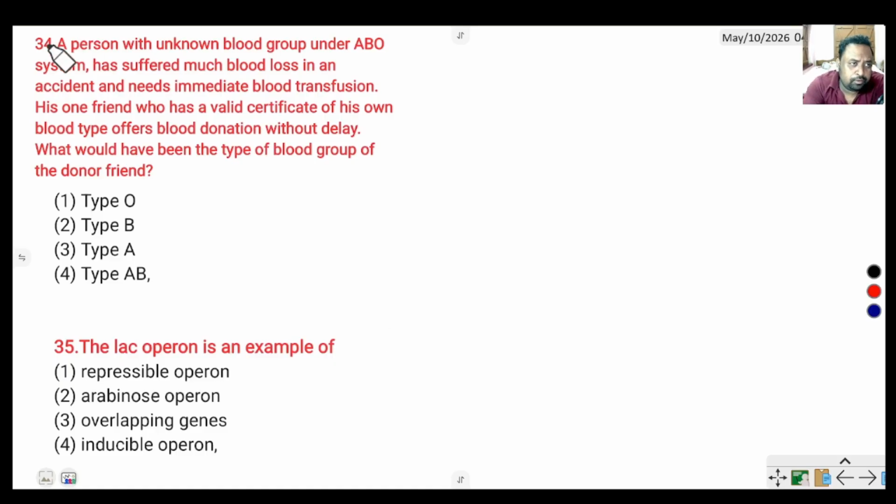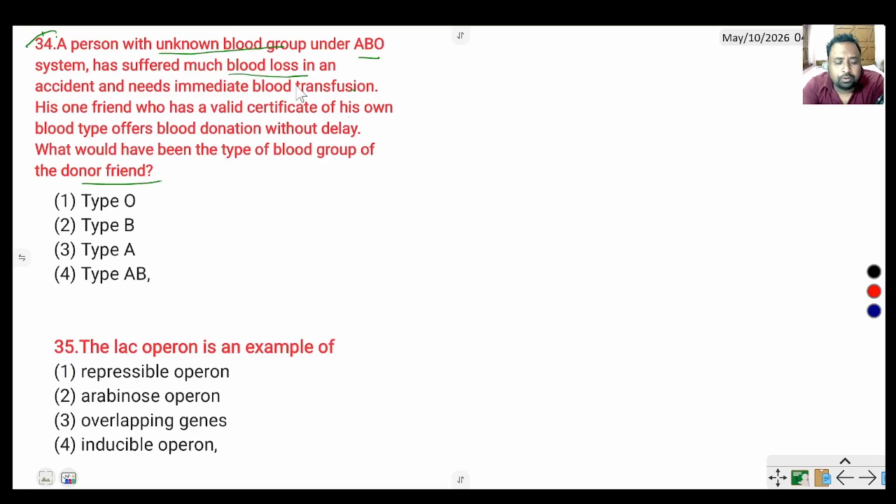Question number 34 says a person with unknown blood group under the ABO system has suffered much blood loss in an accident and needs immediate blood transfusion. His one friend who had a valid certificate of his own blood type offers blood donation without delay. What would have been the type of blood group of the donor?